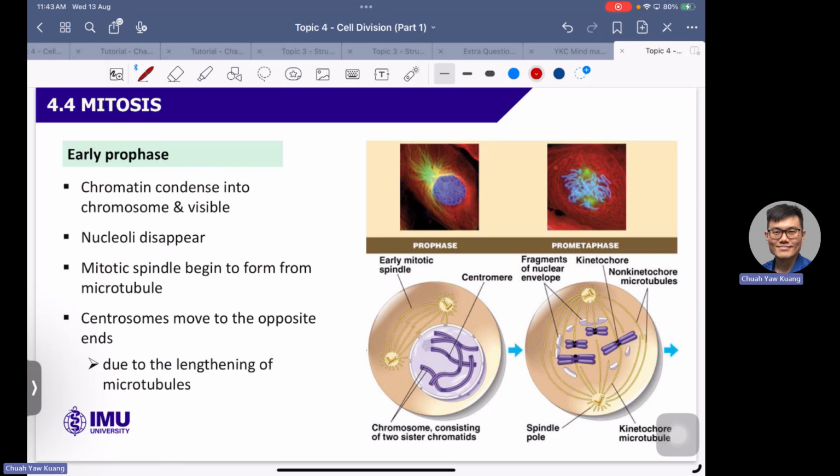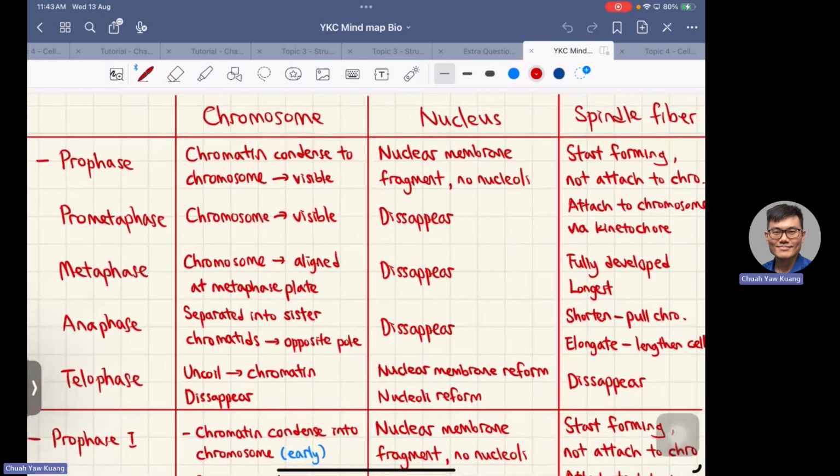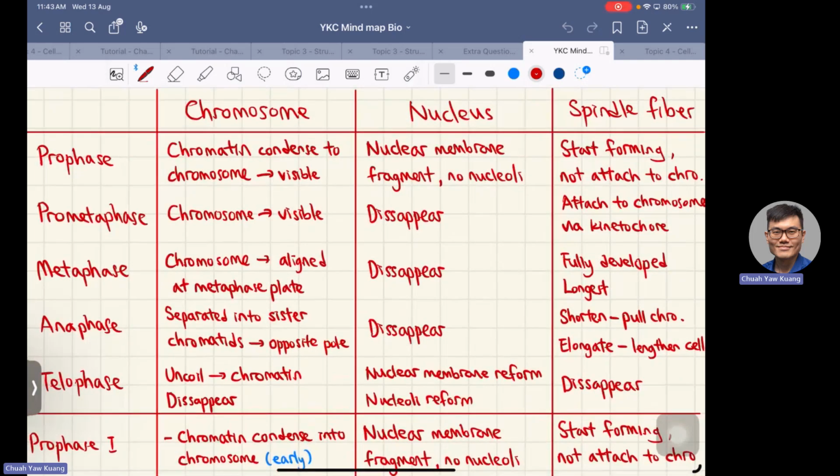So we look at it, you can see there. Chromosome behavior: chromatin starts to condense to become chromosome. In other words, you only started to see it become visible. Then nucleus behavior: the nuclear membrane started to fragment. They are still there.